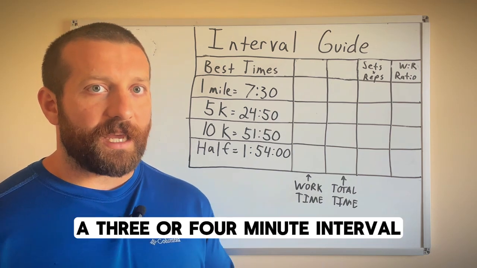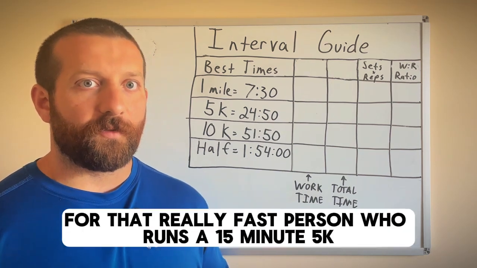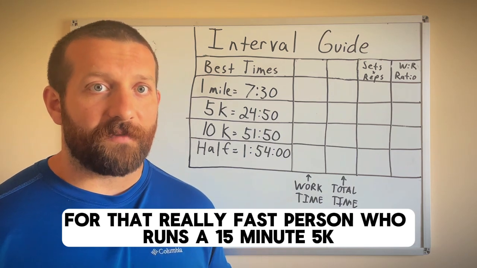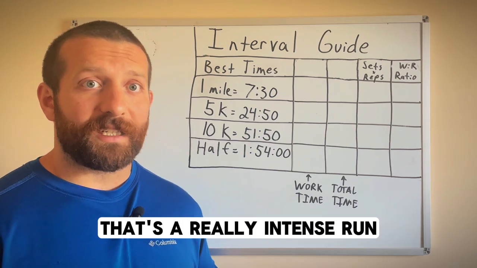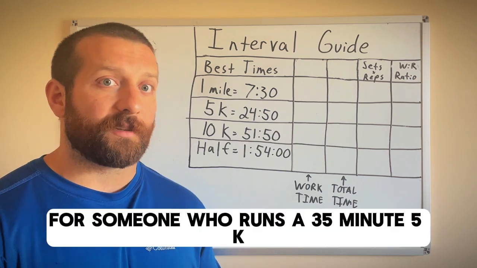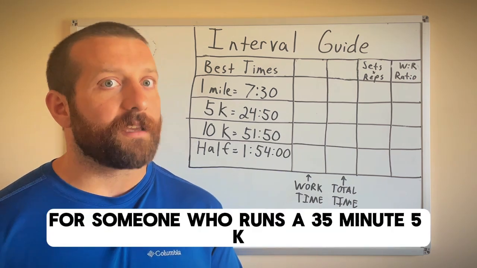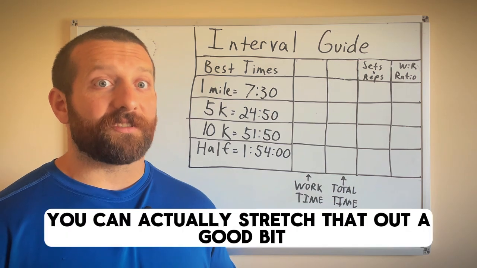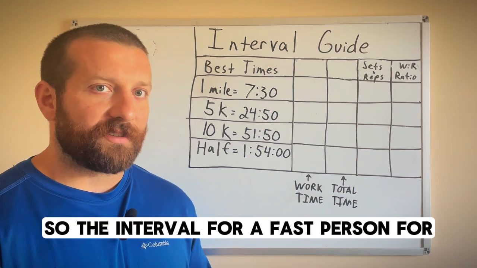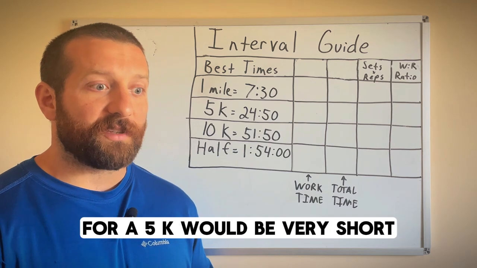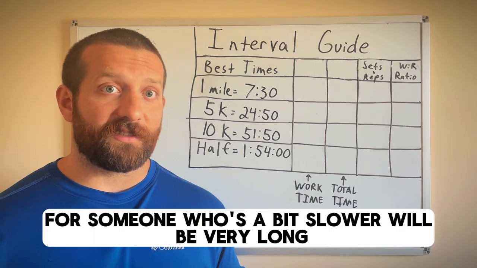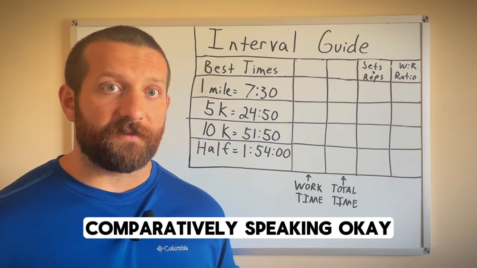If you were to do a 3 or 4 minute interval for that really fast person who runs a 15-minute 5K, that's a really intense run. For a 3-minute interval for someone who runs a 35-minute 5K, it's not that intense, and you can actually stretch that out a good bit. So the interval for a fast person at 5K pace would be very short. An interval at a 5K pace for someone who's a bit slower would be very long, comparatively speaking.